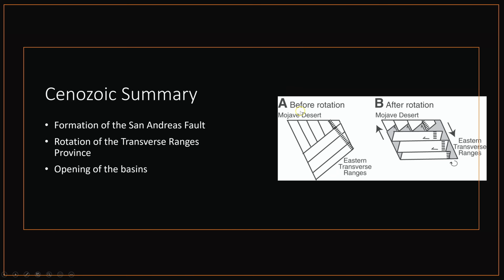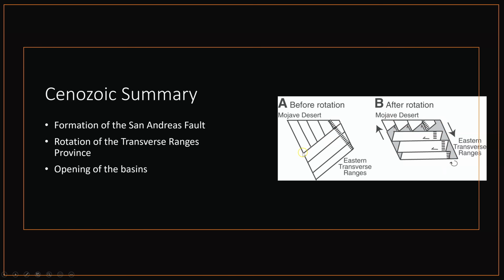So here's the rocks that existed prior to any rotation and the deformation of the San Andreas Fault. These ranges lie between the San Andreas Fault as it moves, and as the eastern portion of the San Andreas Fault moves southeast, and the western portion moves northwest, it starts to drag those ranges and rotates them.